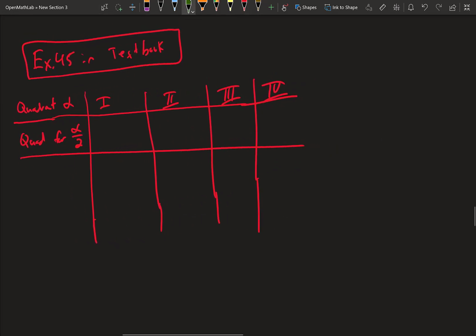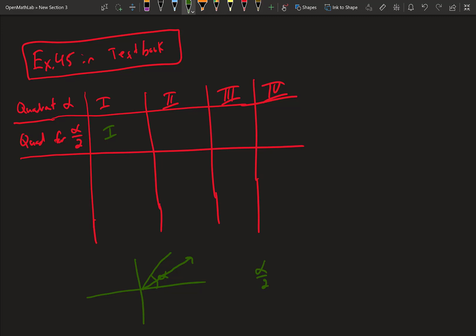If I have an angle alpha in quadrant 1, what quadrant would alpha divided by 2 be in? Well, alpha divided by 2 would be half of that, so it's still going to be in the first quadrant. The biggest angle I can get in quadrant 1 would be less than 90 degrees, like 89.99 degrees. If I divide that number by 2, I'm still in the first quadrant.